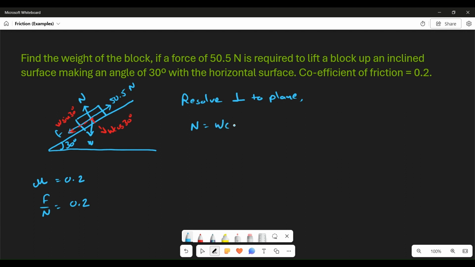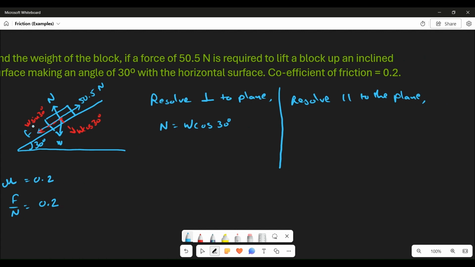Other one is resolving parallel to the plane. You are getting three forces here. You have F and W sin 30 both going downwards and 50.5 that is going upward. So F plus W sin 30 degrees is equal to 50.5.